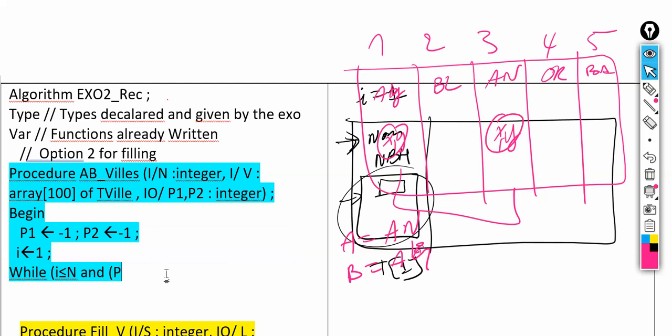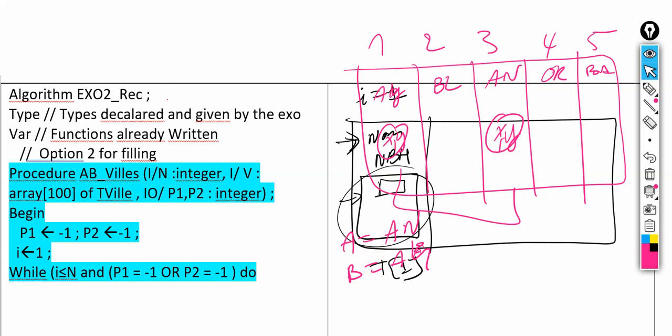While P1 is equal to -1, it means as long as I didn't find the first town, or P2. Who can tell me why or and not and? There is a particular reason here why I have chosen or and not and. Who can tell me why? It's because I need to continue searching even if I found only one.